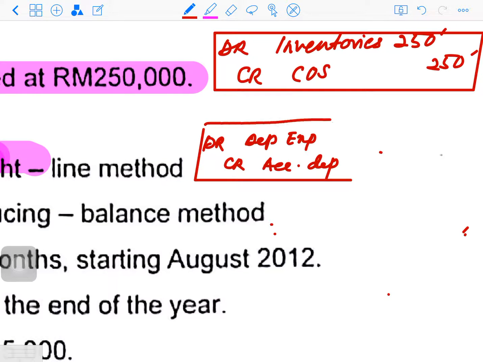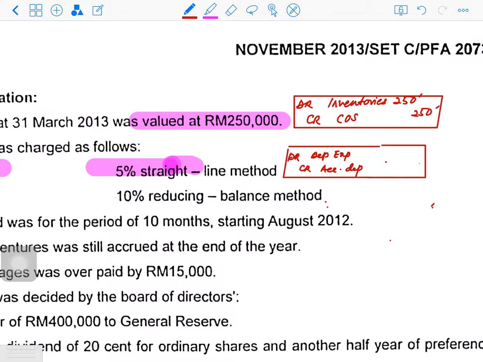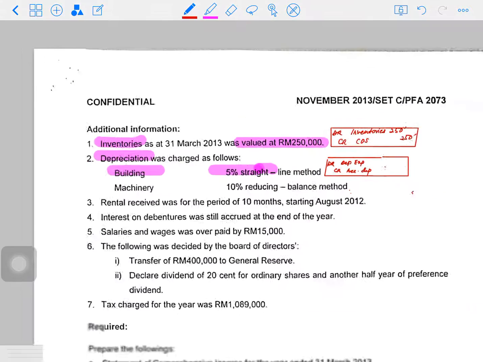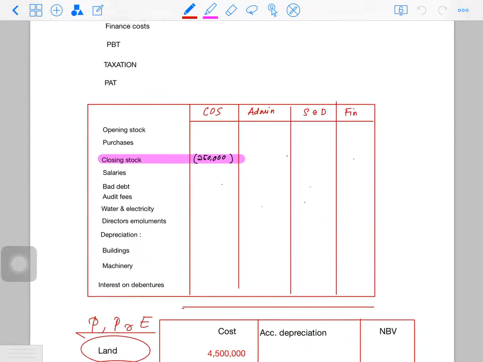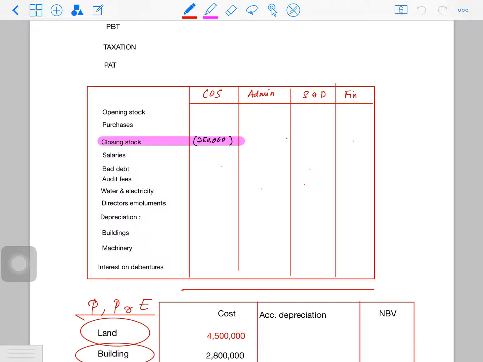How much? You have to calculate how much. So first, debit depreciation expense.